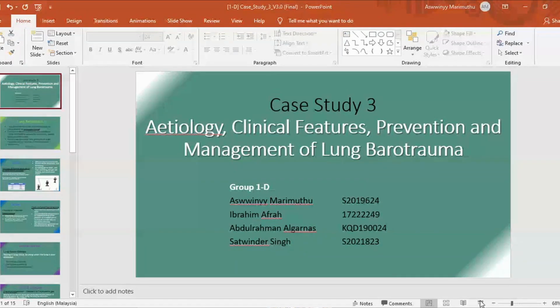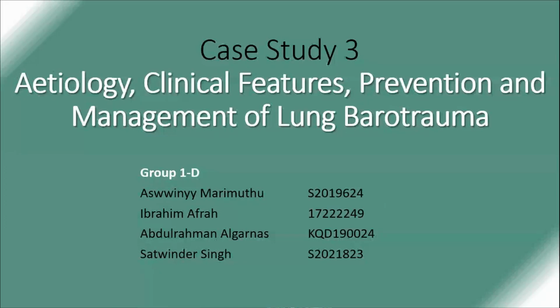So you have presented certain conditions where you can get lung barotrauma. One is diving. The other is ventilator-induced lung barotrauma, and another is traumatically induced lung barotrauma due to change in pressure, when you're talking about explosion. Is it correct?